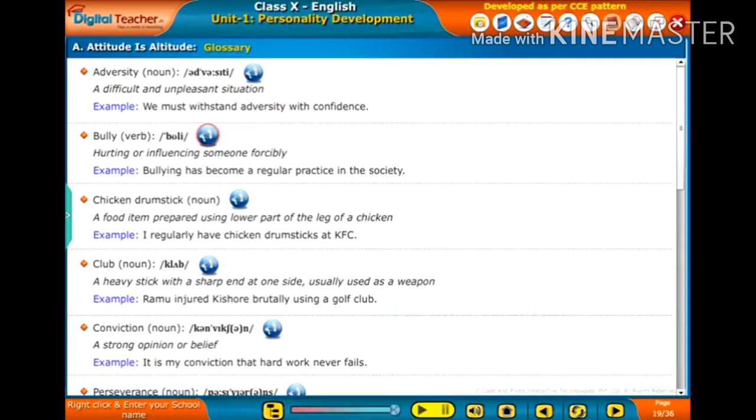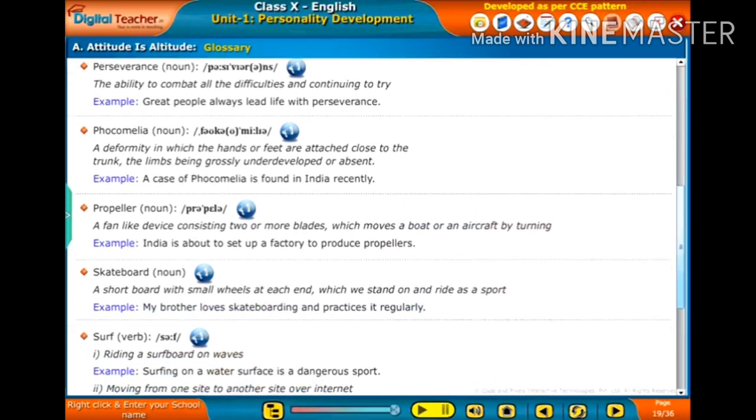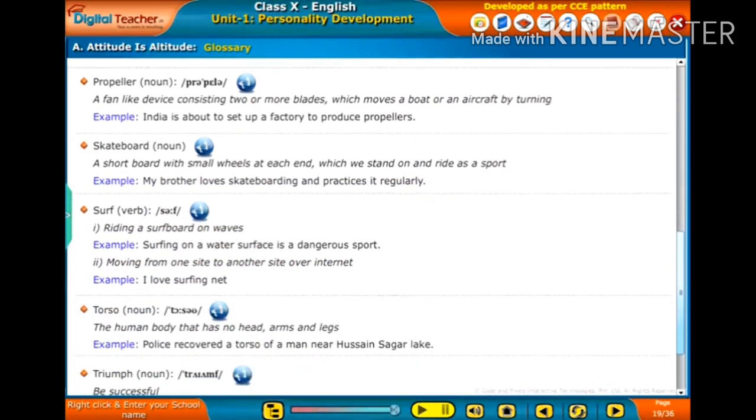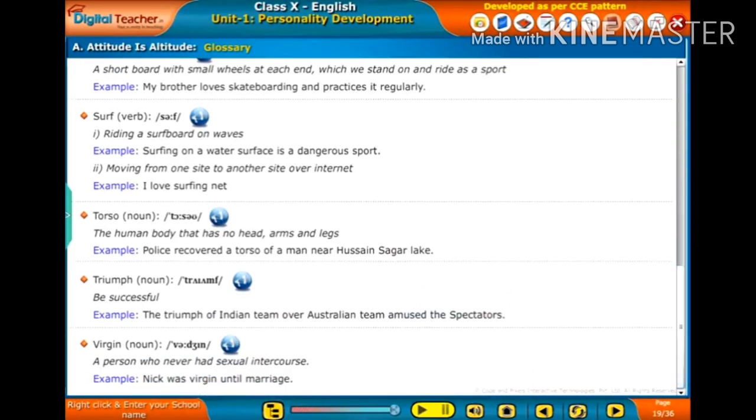Adversity, bully, chicken drumstick, club, conviction, perseverance, focomelia, propeller, skateboard, surf, torso, triumph, Virgin.